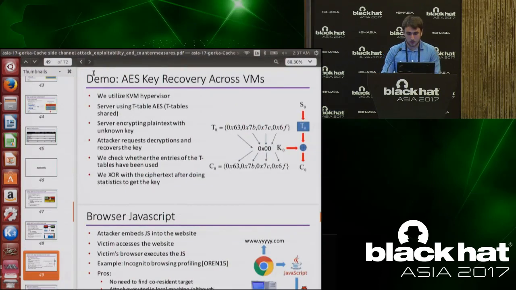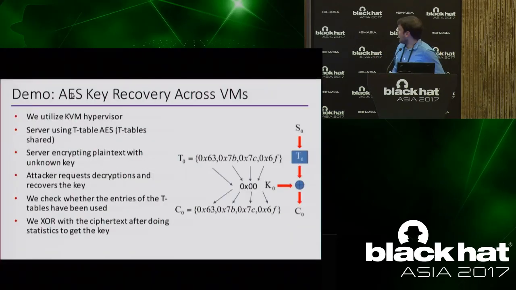What we're doing is what you see in the upper slide. AES utilizes T-tables, or what we call substitution tables, that are key dependent. The entries that you access in the substitution tables depend on the key that you have, and that's what we are exploiting. These tables are shared if you are under memory deduplication systems.